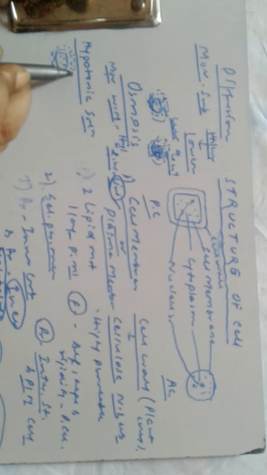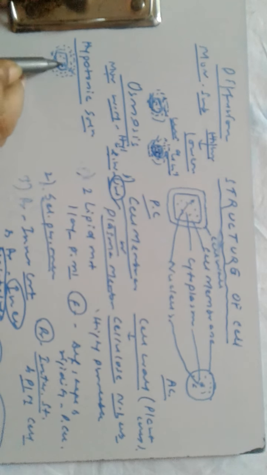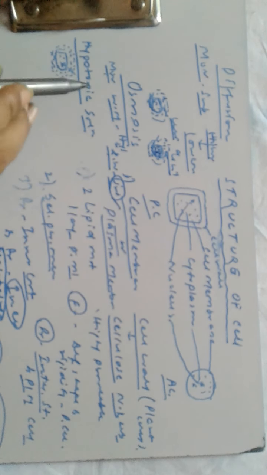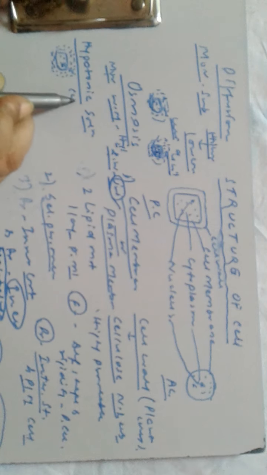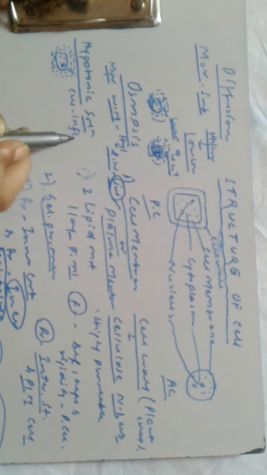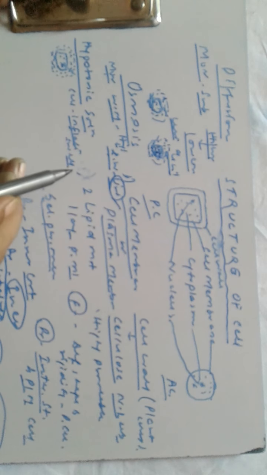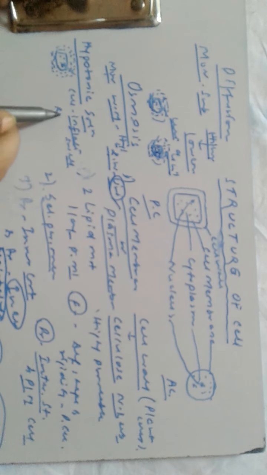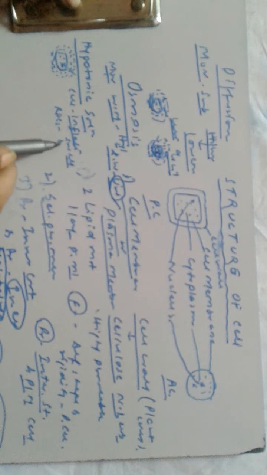There will be a movement of water molecules from high concentration to low concentration, and as a result the cell will inflate, swell, and if there is an RBC, that particular cell will burst. In other words, it will get hemolyzed.